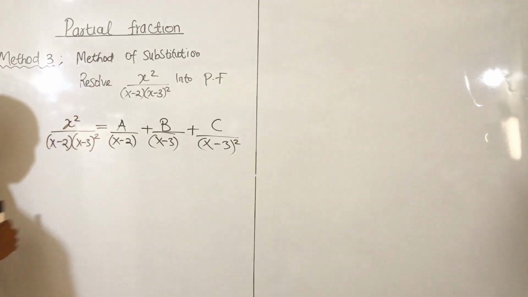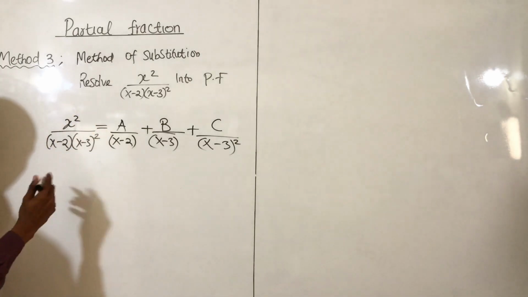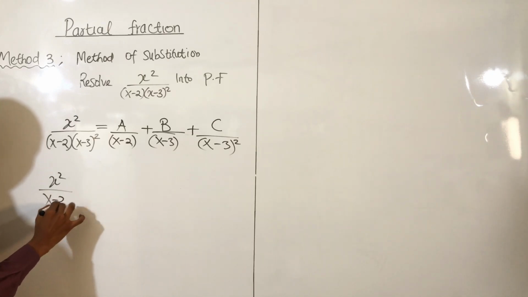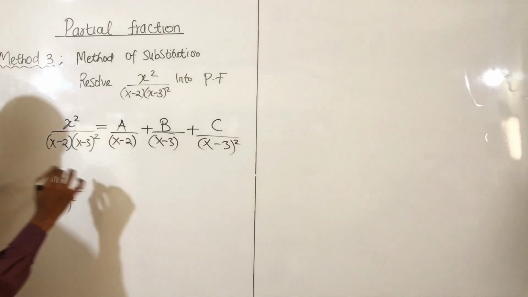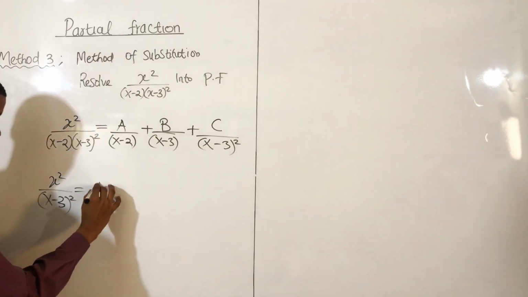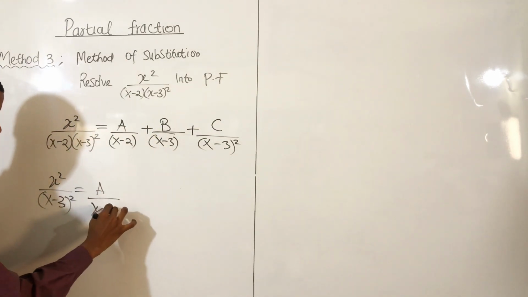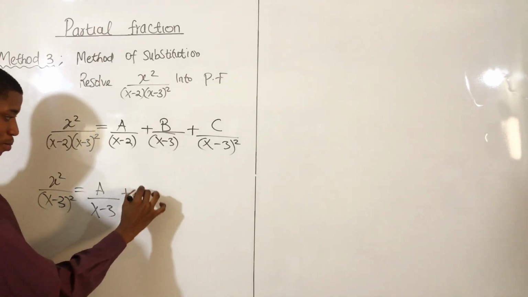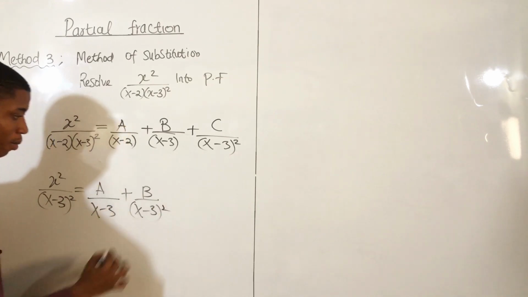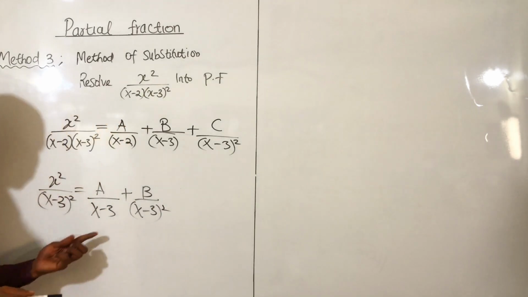Now, let me show you something. Imagine we are given a question that is just x squared over (x - 3) squared. This is the same approach I'm going to use. I'm just going to have a over (x - 3) for the first one, then b over (x - 3) squared. Please, it's very important you take note.